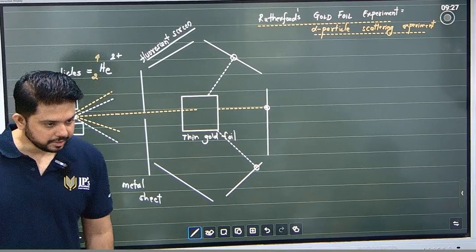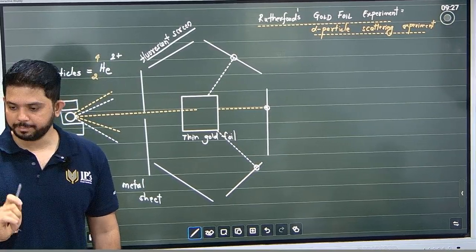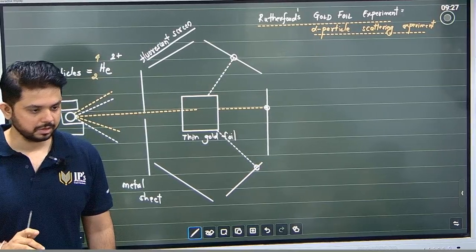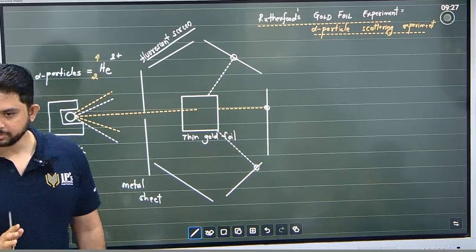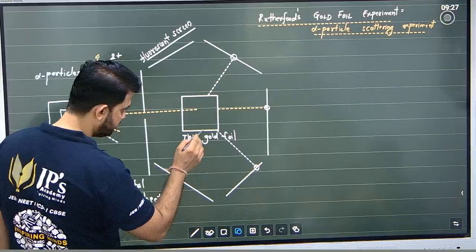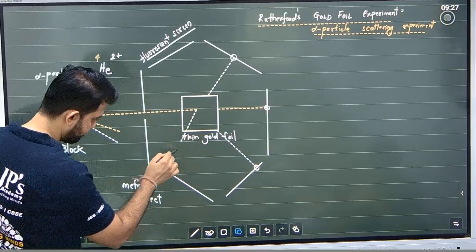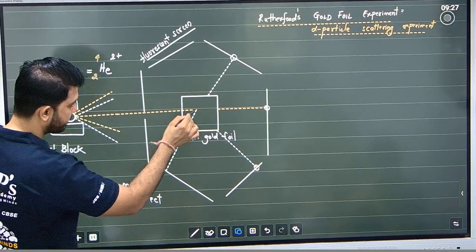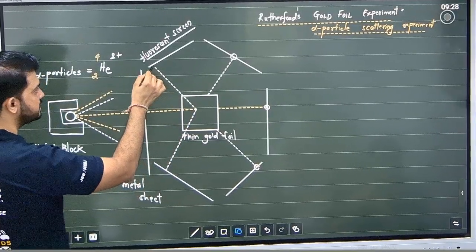And extremely few, 1 in approximately 20,000 particles. I repeat, 1 in 20,000 particles got deflected backward, making large angles.